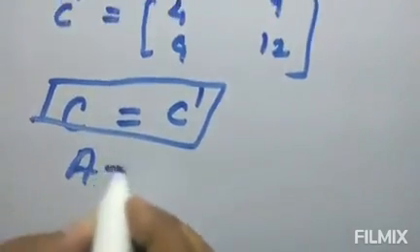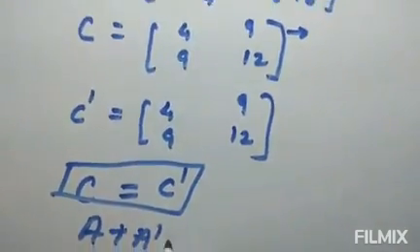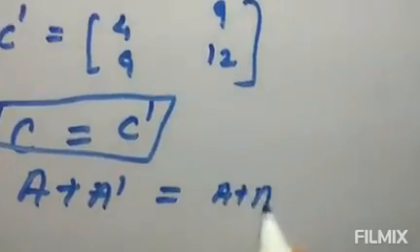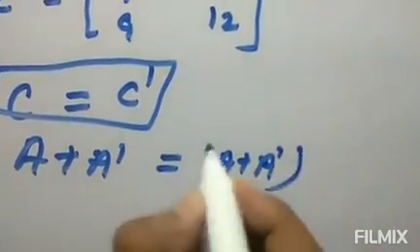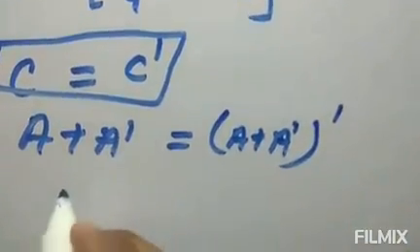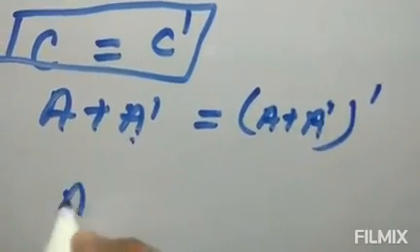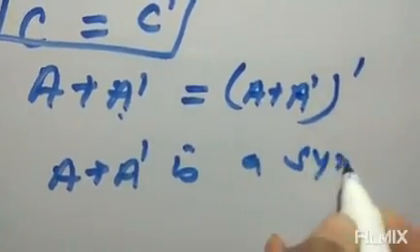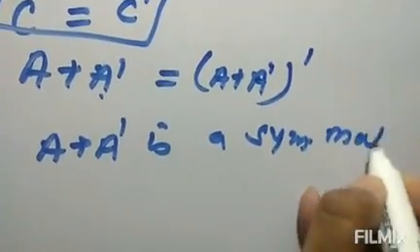C means A plus A dash equals to the whole dash of A plus A dash. So A plus A dash is a symmetric matrix.